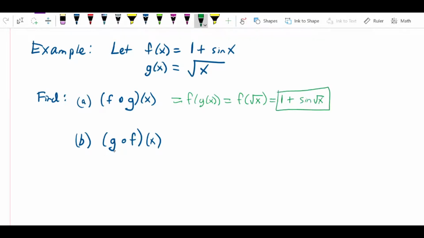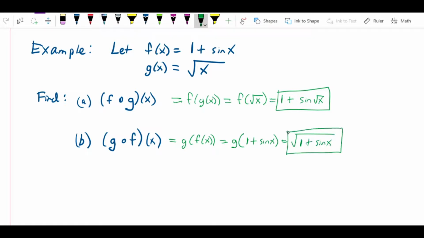On the other hand, if we do g composed with f, that's going to be g of f of x. So now f of x is equal to 1 plus sine x. So now when I go back to g, and every place I see an x in g, I replace it with what's inside these parentheses, and that gives us the square root of 1 plus sine x.